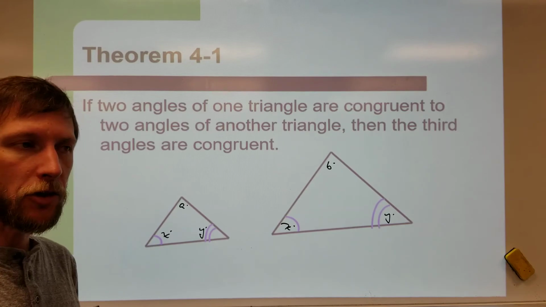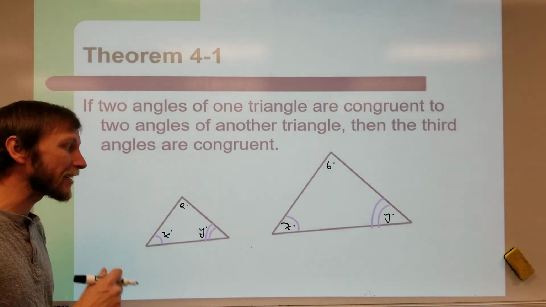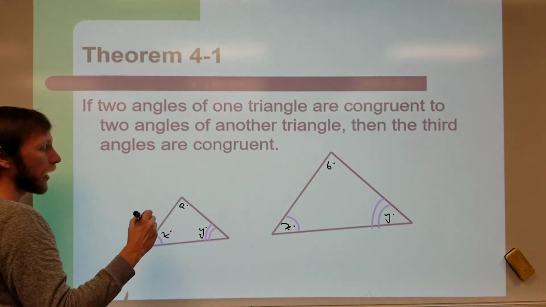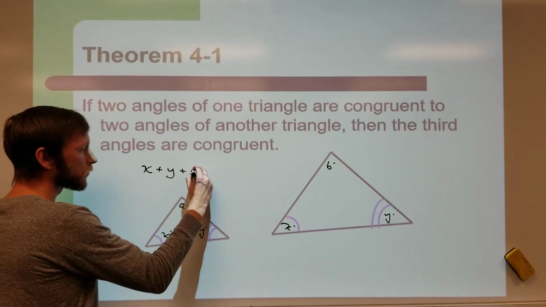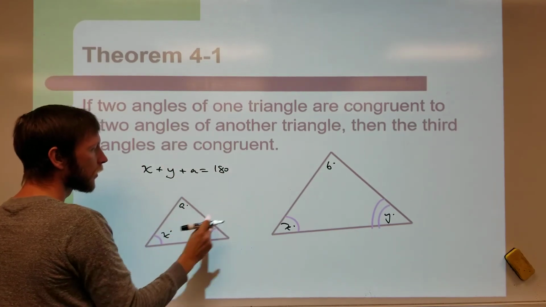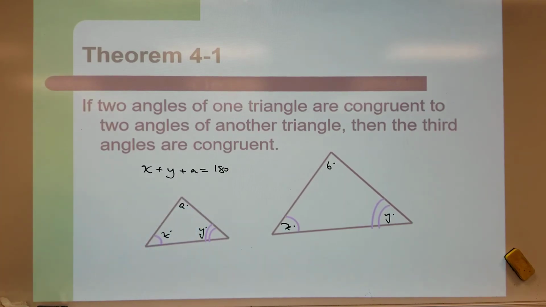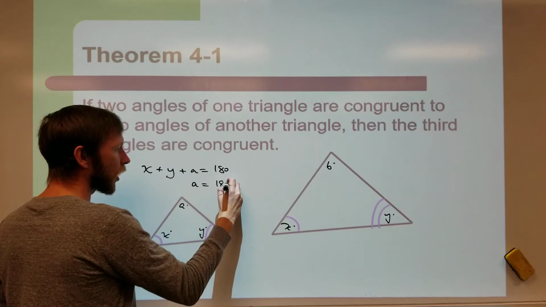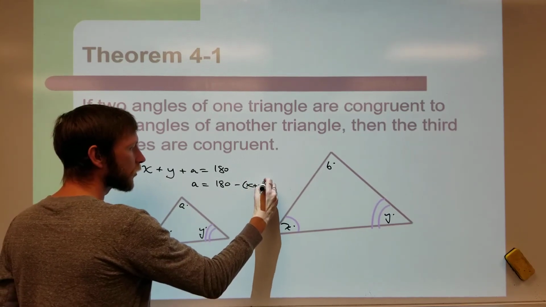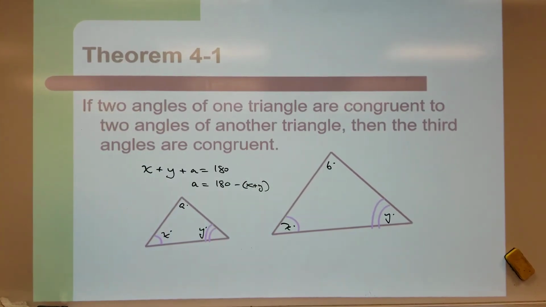What I'm going to show in this situation is I'm just going to use a little bit of the triangle angle sum theorem and the constraint that it puts on our algebra. I will say that by the triangle angle sum theorem, this sum is 180 degrees, which means that if I were to subtract x and y from both sides, then I would be left with a.